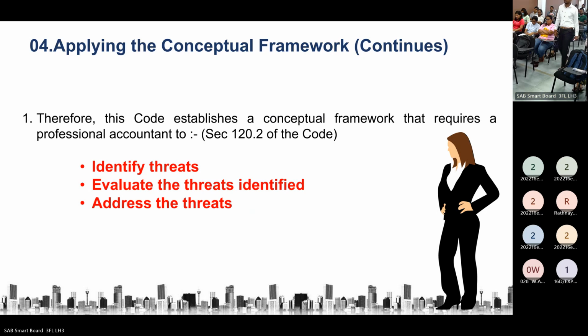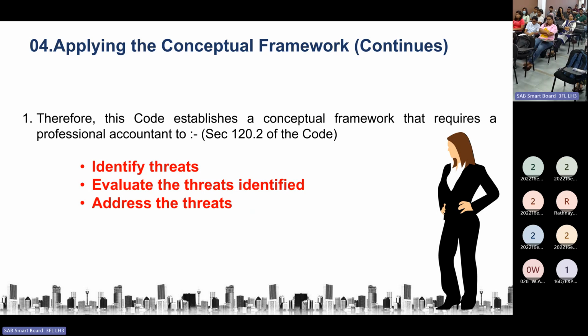Let's say I'm having an intimidation threat. What do we mean by intimidation? Someone is pushing me to do this, influencing me, threatening that they will dismiss me from the job. Intimidation.